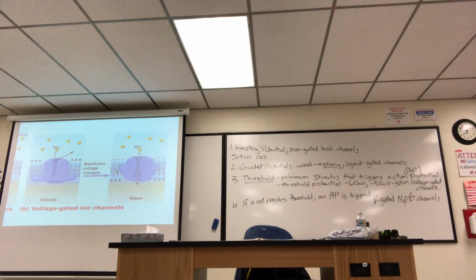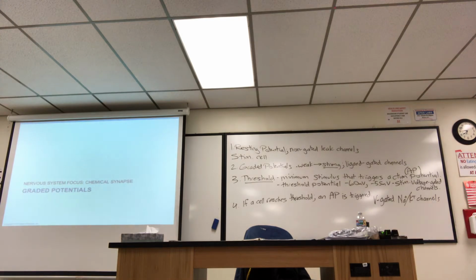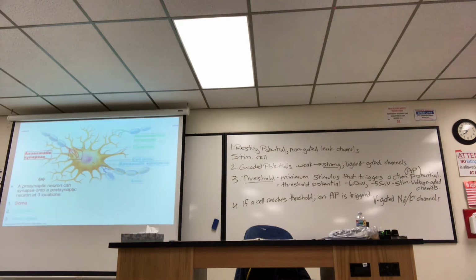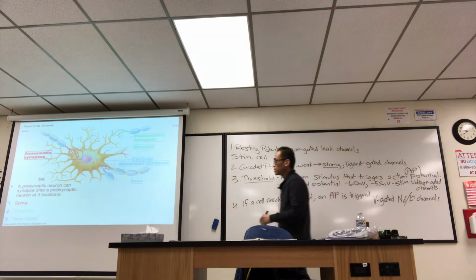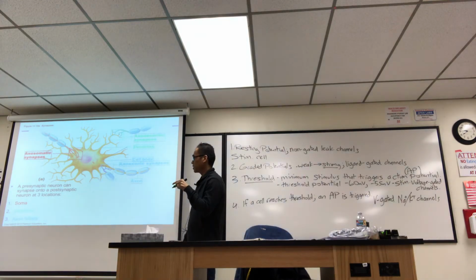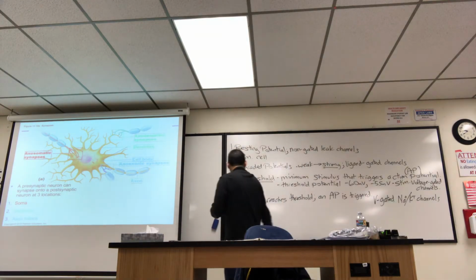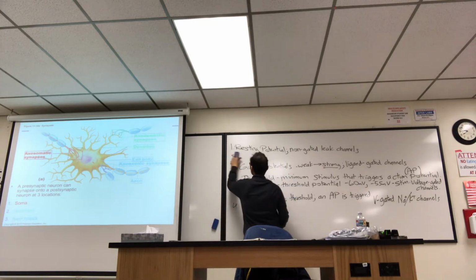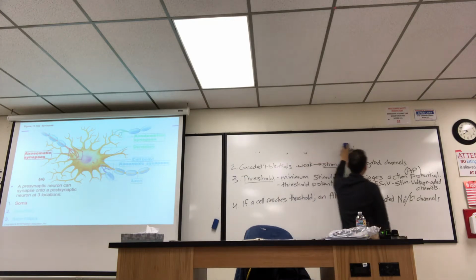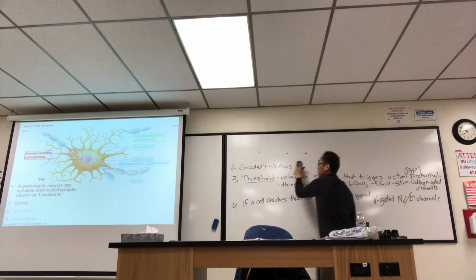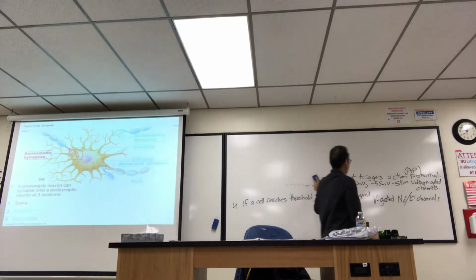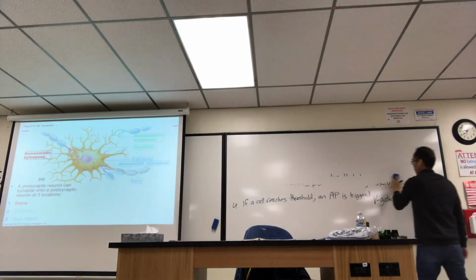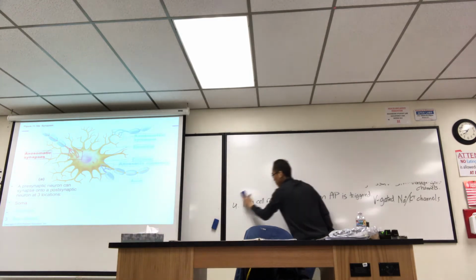And here's a picture of, well, graded potentials I'm going to talk about first, then action potentials. Graded potentials are shown here. This is already in your notes, actually. It might be good to write it down again if you forgot. There are 3 places where a presynaptic neuron can synapse onto a postsynaptic neuron, and they're listed on this slide again.